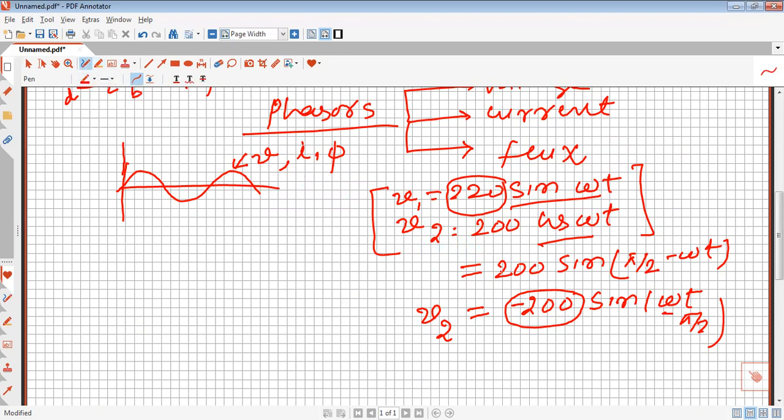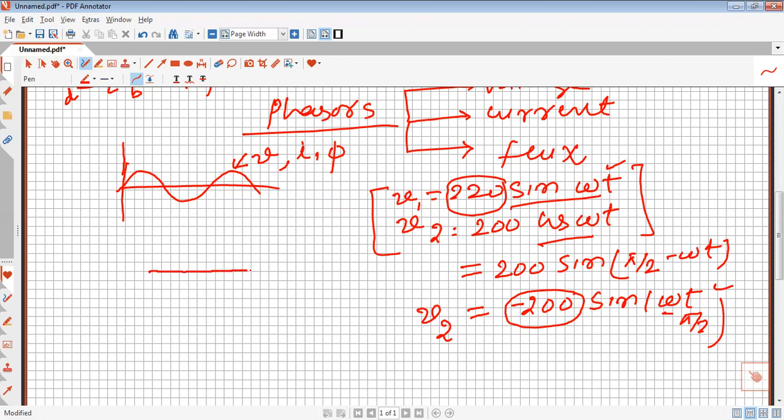How can we compare these two quantities? Magnitude is always positive. Between these two phasors, we see that V2 is 90 degrees behind.